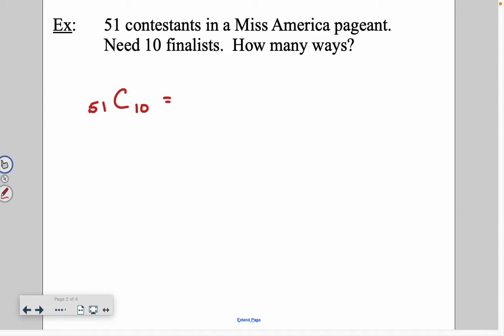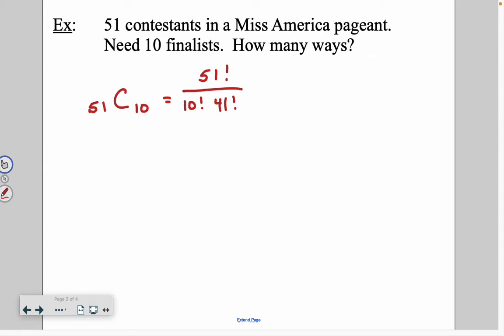And therefore, if we write this out according to our formula like we had before, that means we have 51 factorial over r factorial. That's how many you're trying to choose. Okay, so that's 10 factorial times the difference between the two, which in this case would be 41 factorial. Okay.